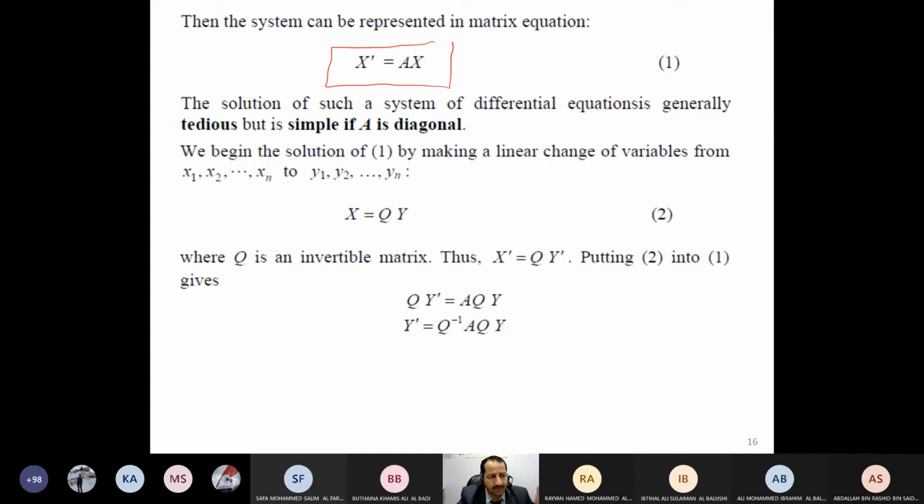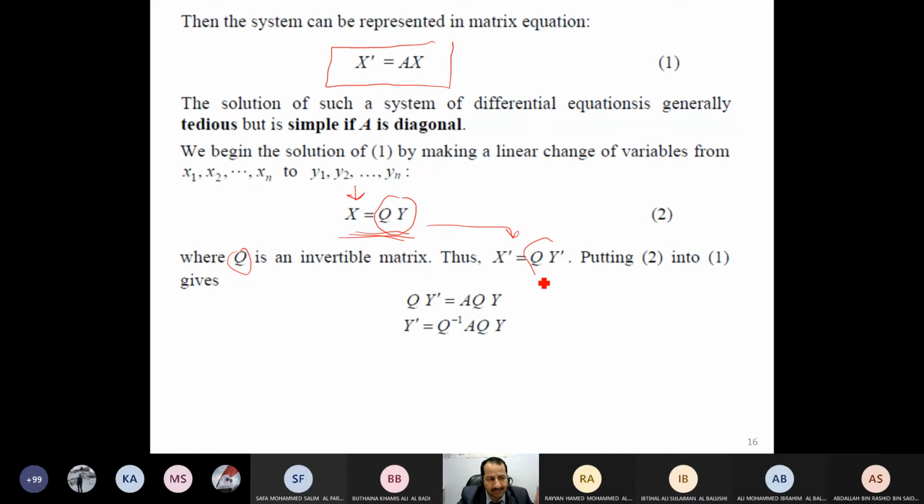Now we will assume that x is this function, Qy, where Q is an invertible matrix, having an inverse. And if I differentiate this equation, it will become x dash equal Q y dash. Okay.